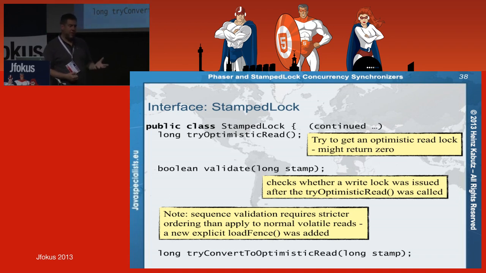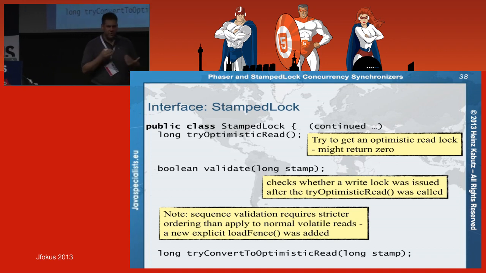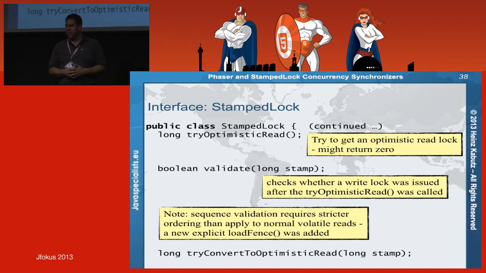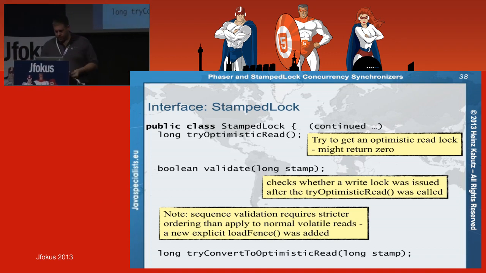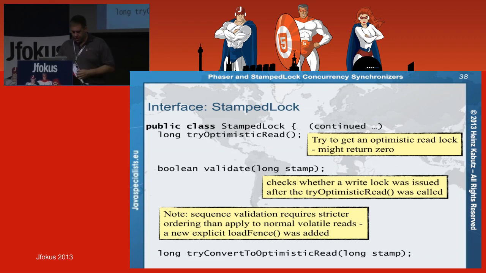It doesn't actually check whether there's been a write, because it doesn't know if there's been a write. It just knows whether it's granted an exclusive lock. And if it's granted an exclusive lock, it has to assume that it's actually been overwritten.